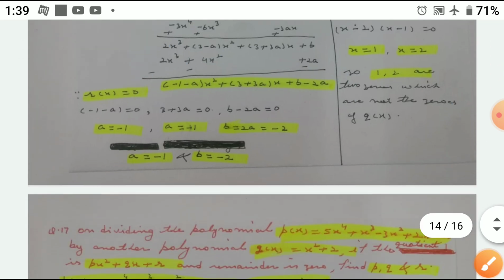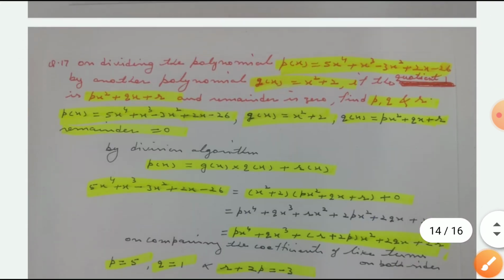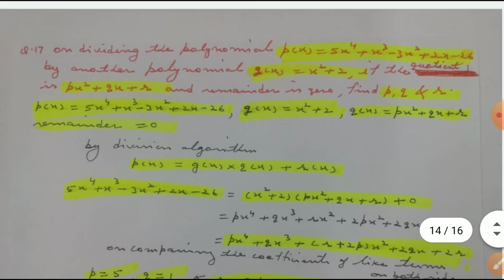Now come to question number 17. On dividing the polynomial px 5x4 plus x cube minus 3x square plus 2x minus 26 by another polynomial gx x square plus 2, if the quotient is px square plus qx plus r and remainder is 0, find p, q and r. Look at this again.